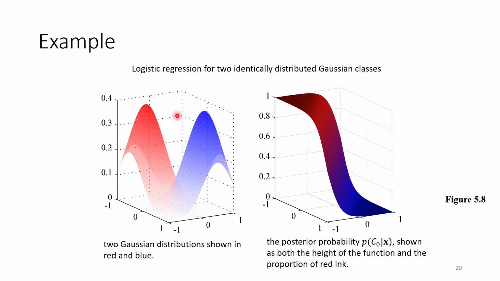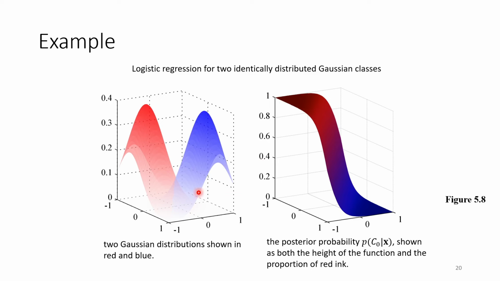Okay, and the posterior probability of the first class C0 will be shown in this way. So if the coordinate of x is closer to the left side of this region, the probability of the first class will be greater.